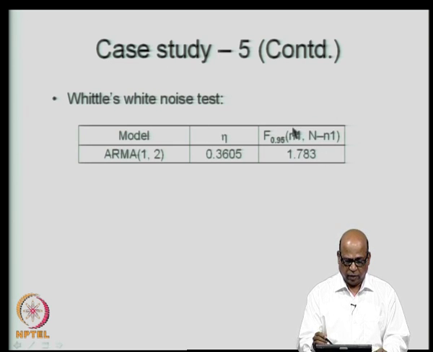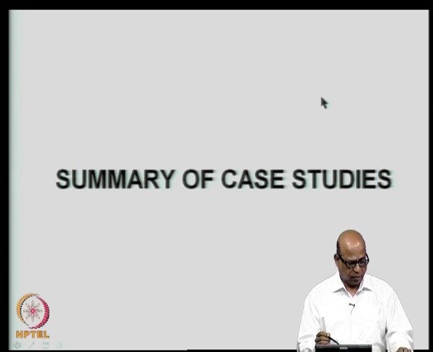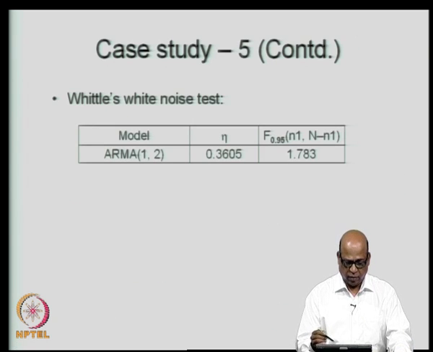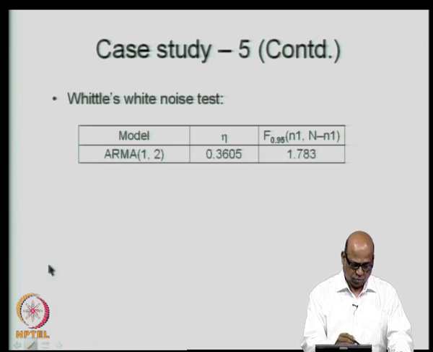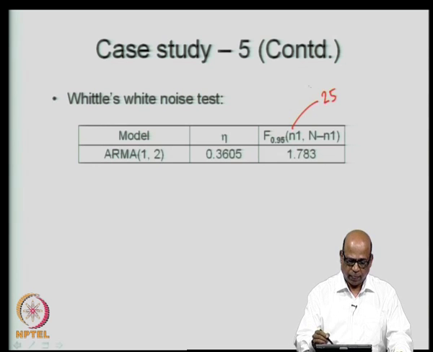Now, n 1 is the maximum lag. In this particular case, as I said, we would have taken 0.25 of n, let us say about 25 or something. So, n 1 in this case may be 25, this is also equal to k max. That is the maximum lag factor.